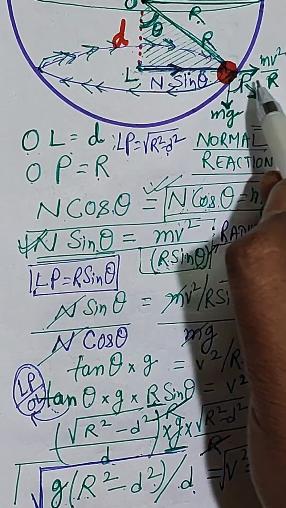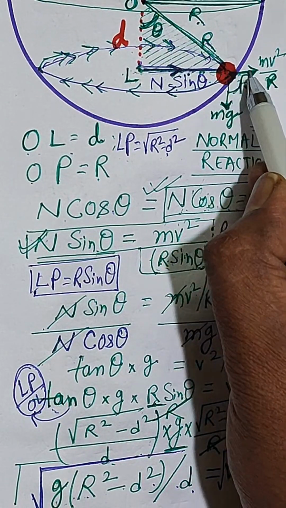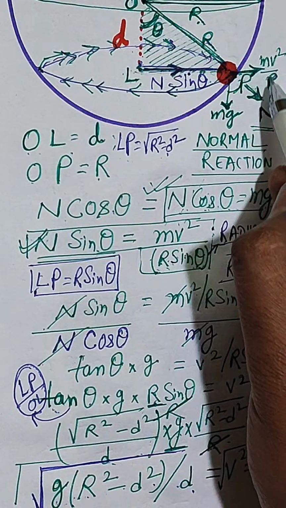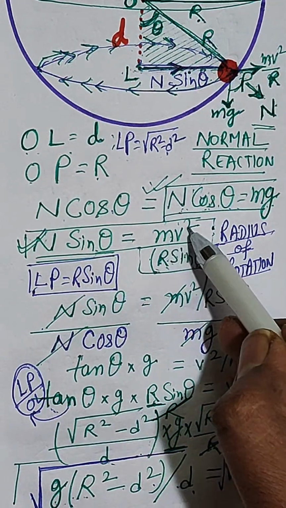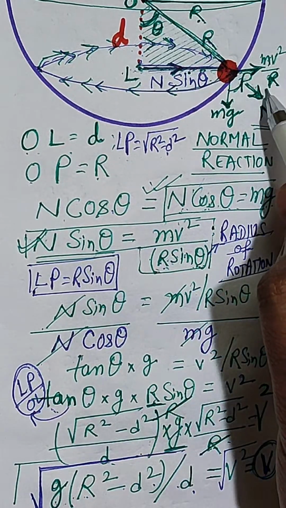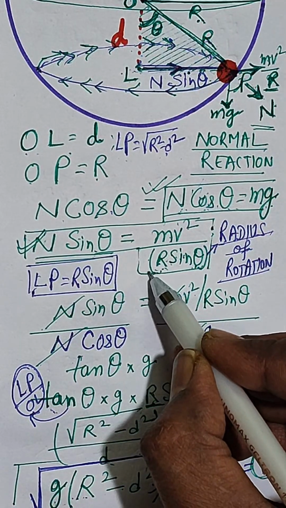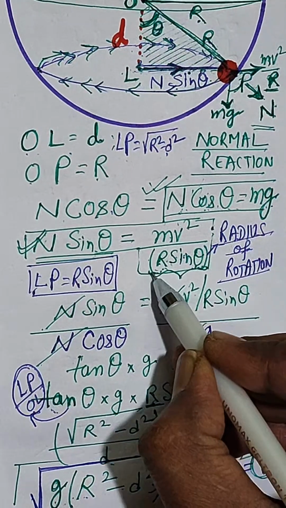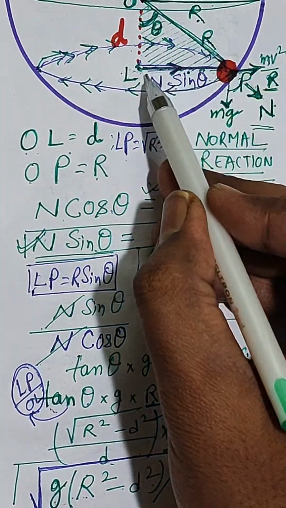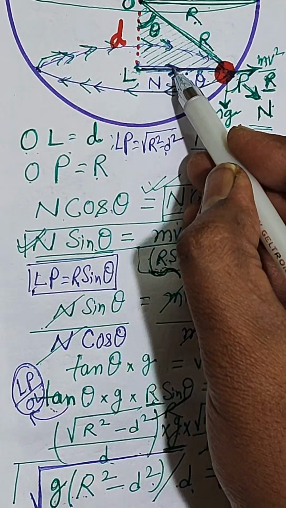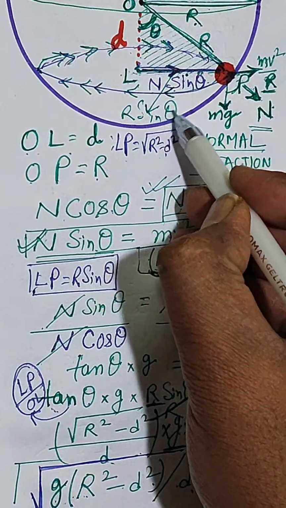Then this particle will be pushing the wall of the bowl with a force of mv square by r, but instead of r, the radius over here in the denominator will be r sine theta.